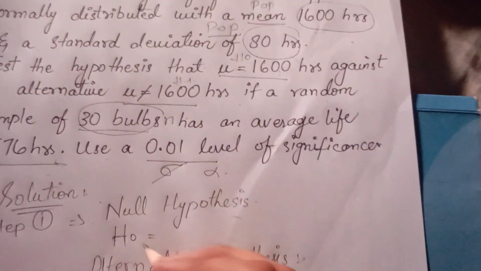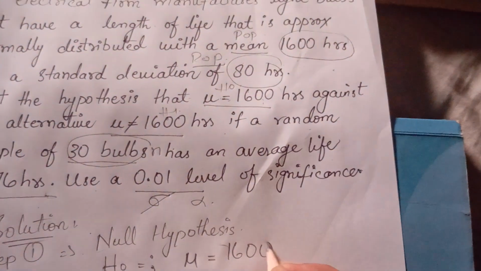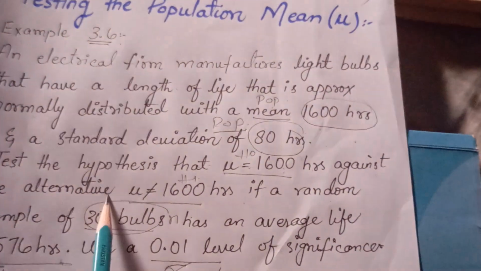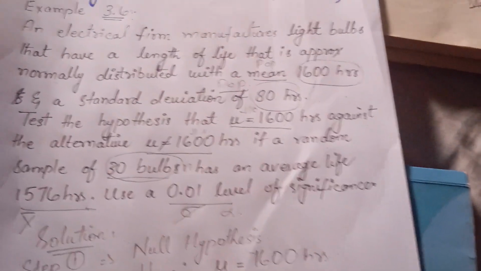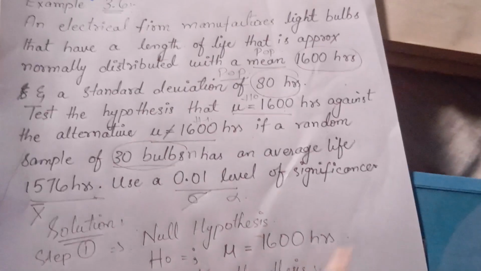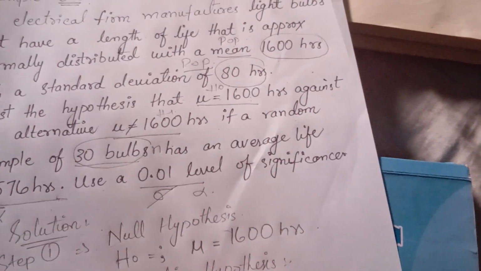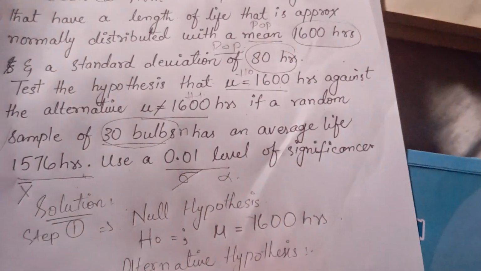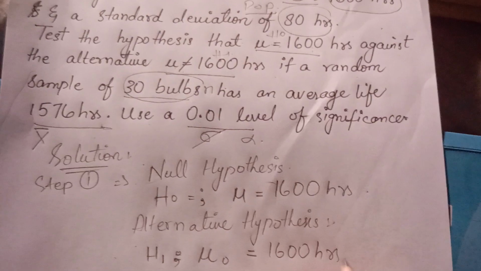The null hypothesis is basically mu equals 1600 hours, and against the alternative, mu is not equal to 1600 hours. H1: mu is not equal to 1600.